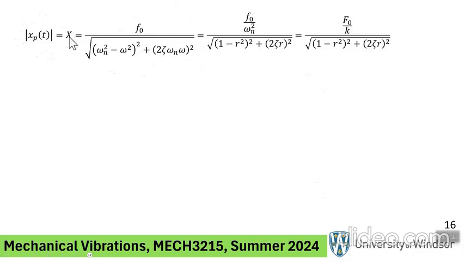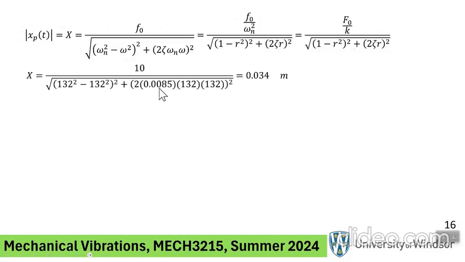The formula says big X is equal to F naught over K divided by that. But you can also write F naught over K, remember, as little F naught over omega n squared. Little F naught was given to us, omega n we calculated. We have the value of R is 1, and zeta we just worked out, so we can plug it in there.